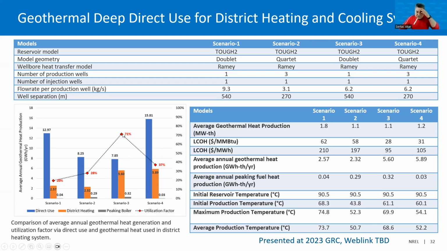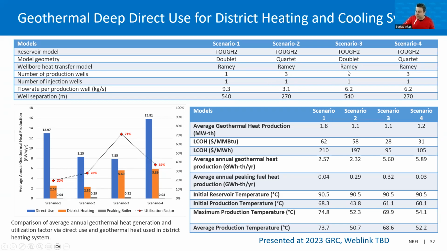So these results are actually updated after the conference. We used a different approach. We just changed the injection temperatures and some parameters. But this was a good approach that at least we were able to see as an initial insight that the quartet model with 2 production, 2 injections, or 3 production, 1 injection was not the best way of doing it.